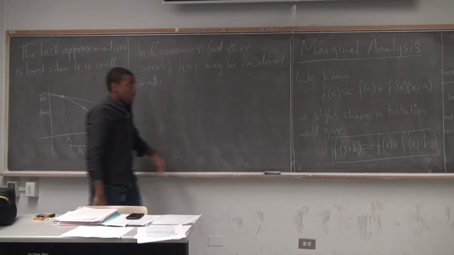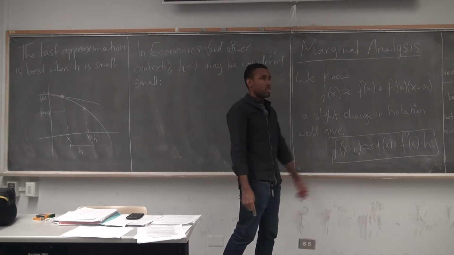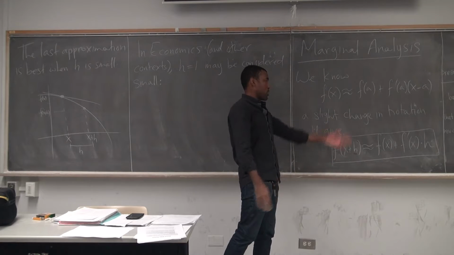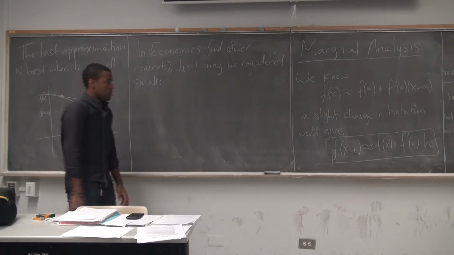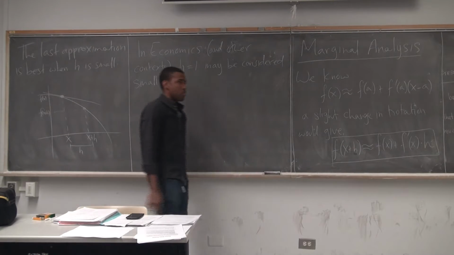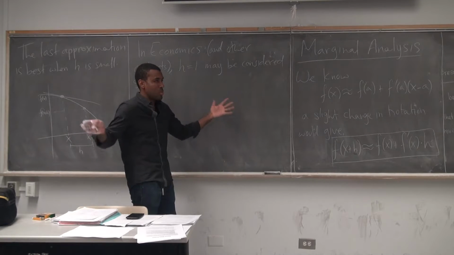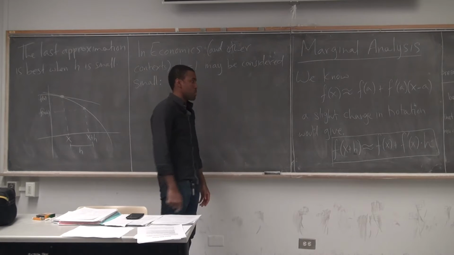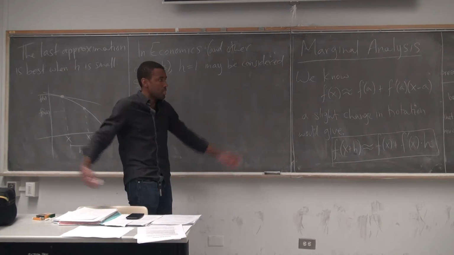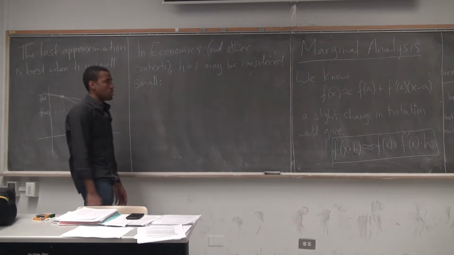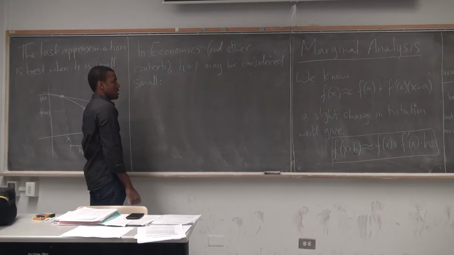So for example, if our function is tracking the amount of products that a large producer makes, imagine a producer that produces millions of units, like Apple producing the iPhone. They create millions of iPhones. Then one iPhone is relatively small in comparison to how many they're producing. So that would be super small. If my x is super large, in the millions, then 1 is a really small number by comparison. So h equals 1 may be considered small in many contexts.